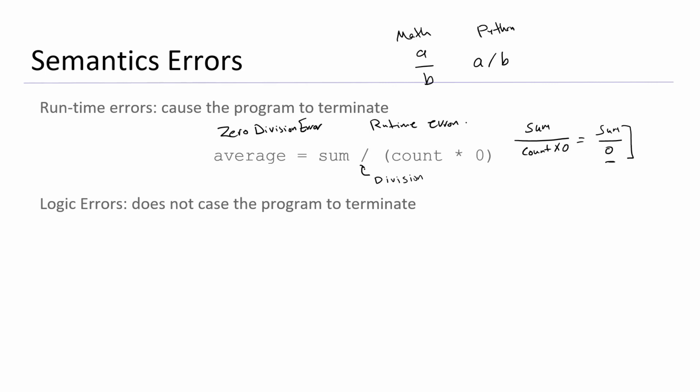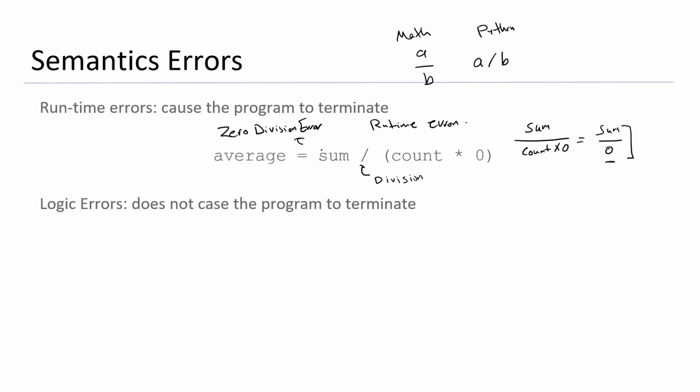You have all the variable names, all the operators, everything. The rule for writing this statement is fine. However, because the Python interpreter doesn't know how to take a number and divide it by 0, you will get a zero division error. So a runtime error will cause your program to terminate. So your program will stop and you will see an angry message from the Python interpreter.